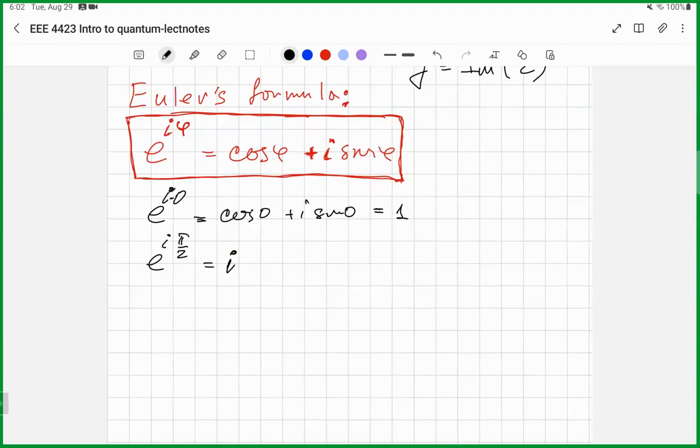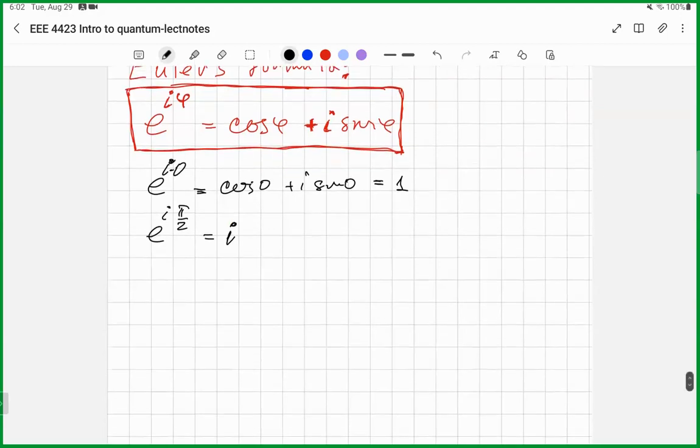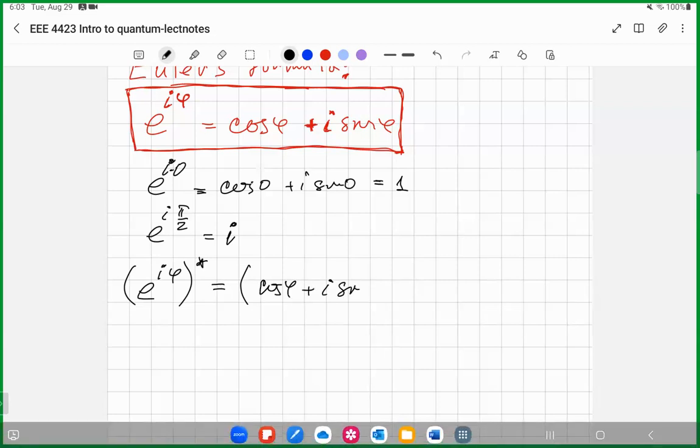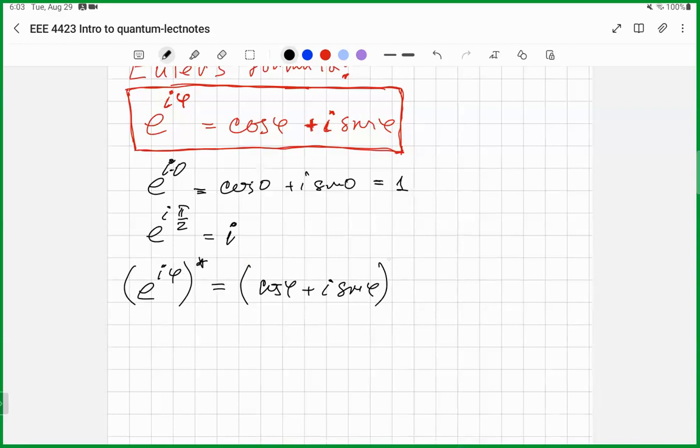And let's figure out what we would get if we take the complex conjugation of this e to the power of i phi. So we can represent this e to the power of i phi as the cosine phi, a real number, plus i sine phi, another real number.